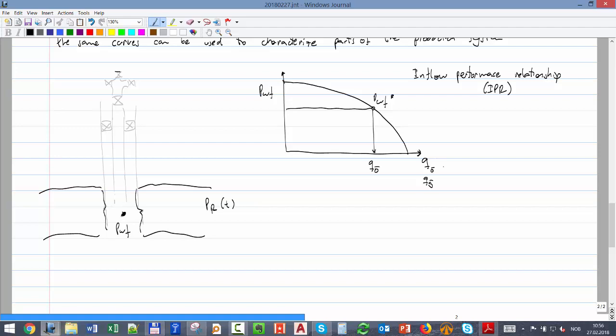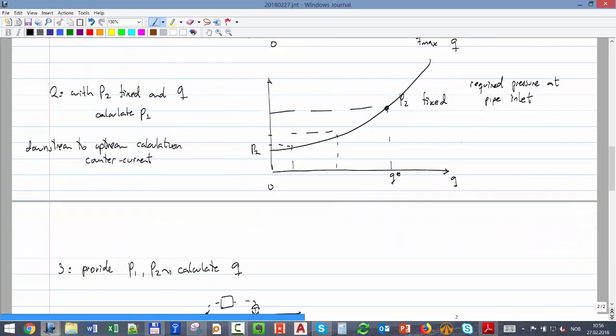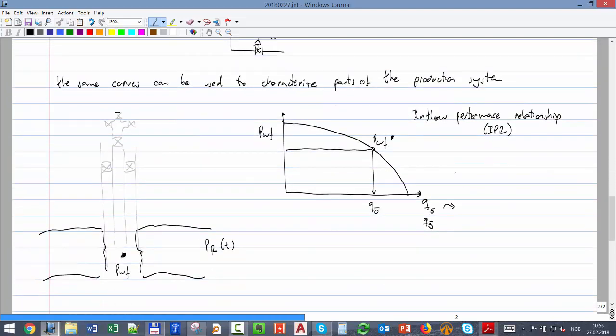And this rate, remember, could be any rate, at standard conditions or not, but in production systems we like to work with standard conditions rate, because that value doesn't change along the system.